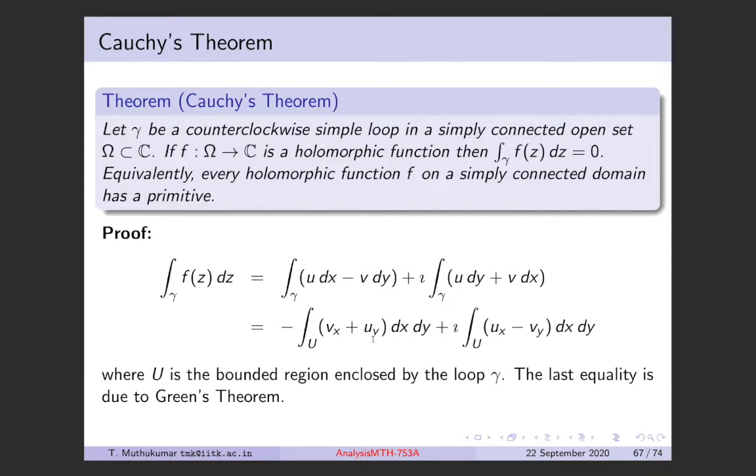And what is inside? Now here, because f is holomorphic, you can use the Cauchy Riemann equations, and you can see that these integrands are 0. By the Cauchy Riemann equation, ux is vy, so this is 0. Minus vx is uy, so this is also 0. So the entire integral is 0, and so the integral of f is 0.